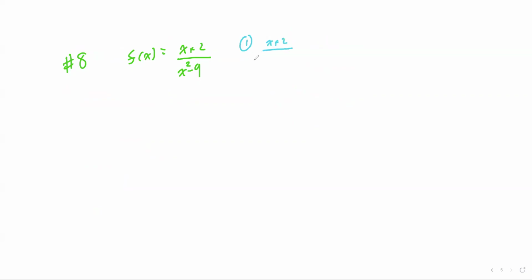Hopefully you see that's a difference of squares. So that's x minus 3, x plus 3. I cannot cancel, so no holes. And because I can't cancel, I have vertical asymptotes at x minus 3 equals 0 and x plus 3 equals 0. So that means x equals 3 and x equals negative 3 are my vertical asymptotes.